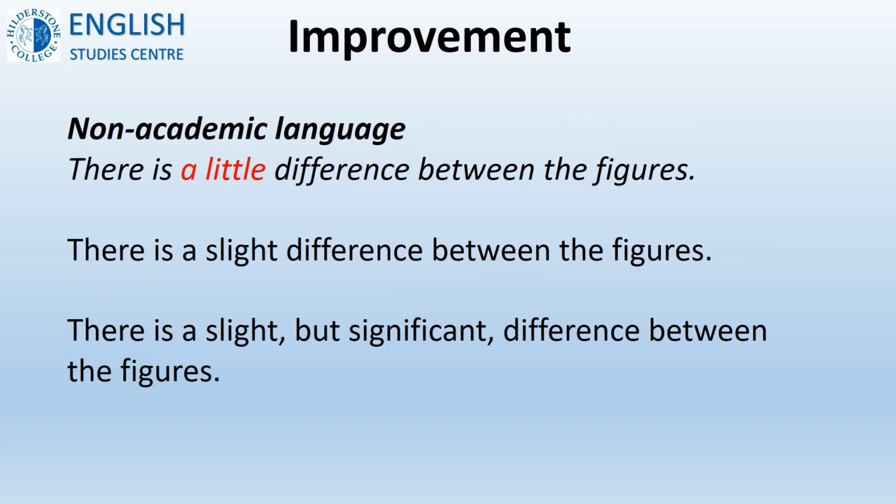So there you're being very precise in saying that the difference may seem to be small, but it's actually quite important. And that would be a good introduction to then explaining why you think this difference is important. So it gives you that control over your writing to say something in a very exact or precise way.